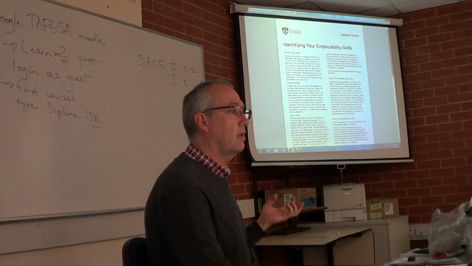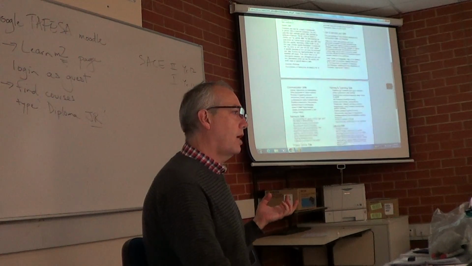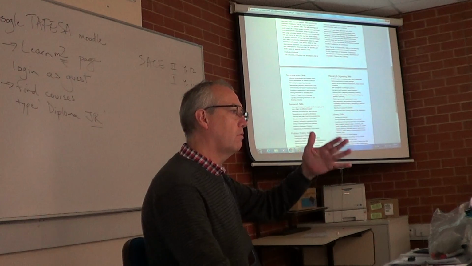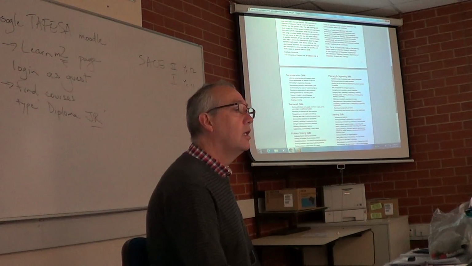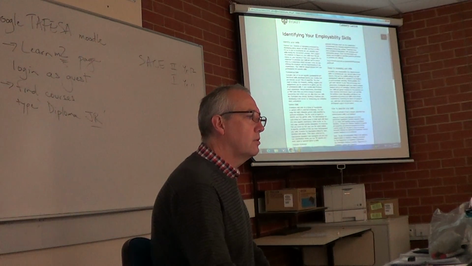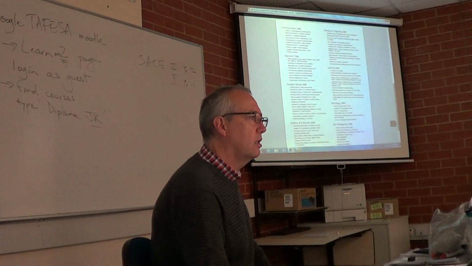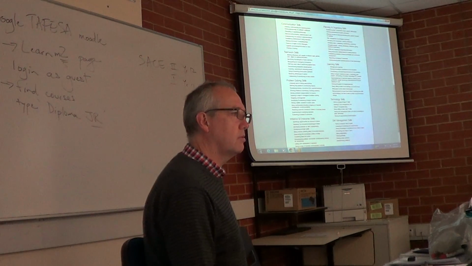And they gathered that information up and they created the beginning of this list. And then there have been several subsequent surveys because you need to keep surveying because things change. And this is the latest one. It's called employability skills.